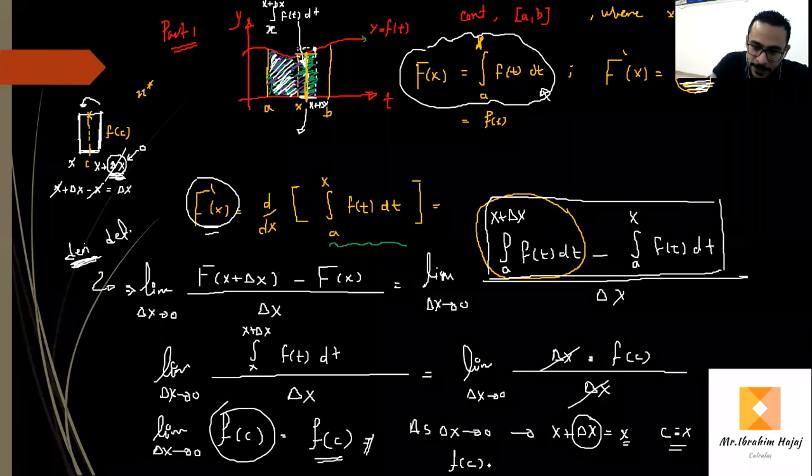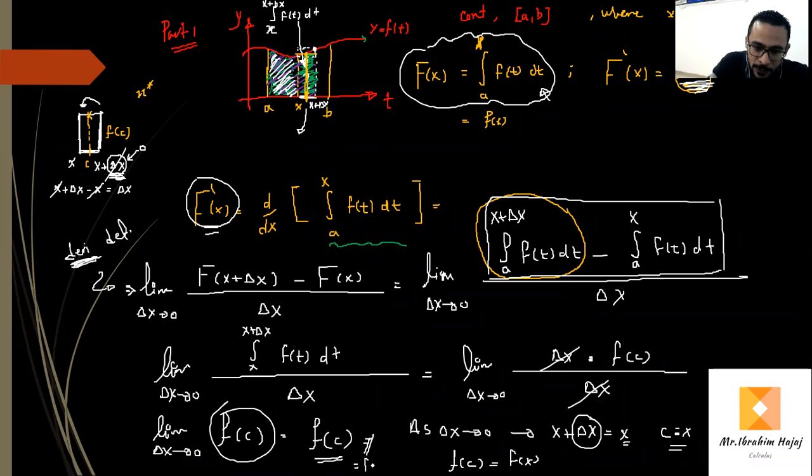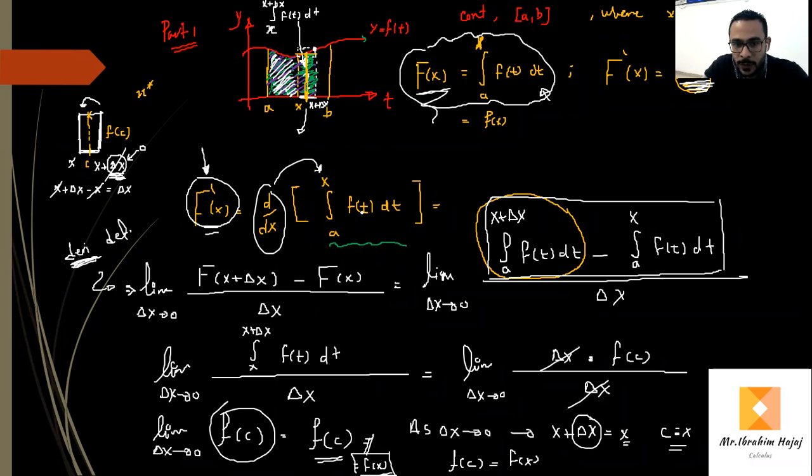Therefore, guys, f of c is the same as f of x. So my answer here is equal to f of x. So now we proved that the derivative of the antiderivative F of x is equal to f of x. The antiderivative F uppercase of x, which is equal to the integral. When we take the derivative here of the antiderivative, it gives the function f of x itself.